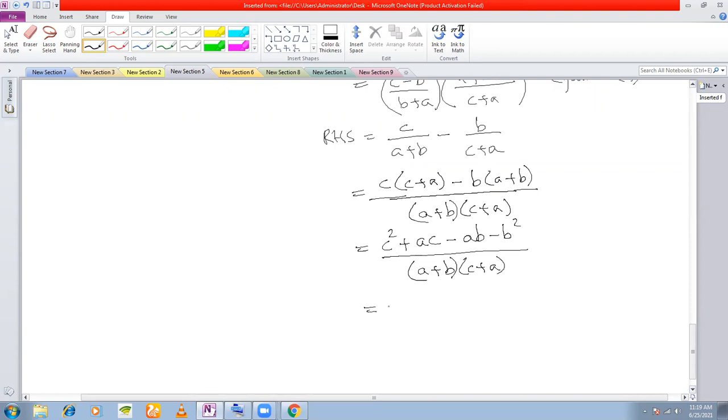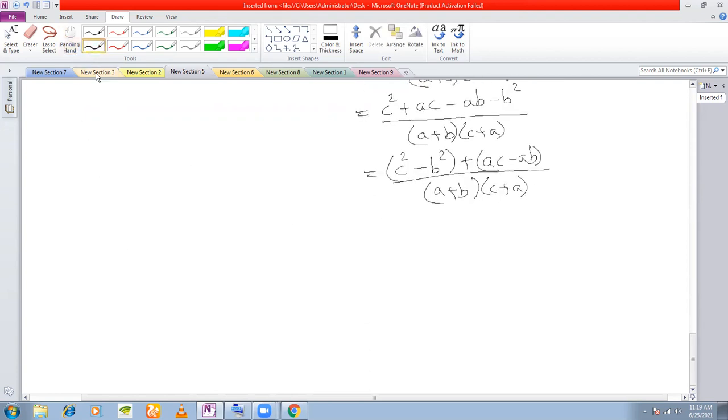So now what do you have? C square minus b square, take them together, and take this together, AC minus AB, divided by A plus B into C plus A. Okay, so this will be C plus B into C minus B plus.